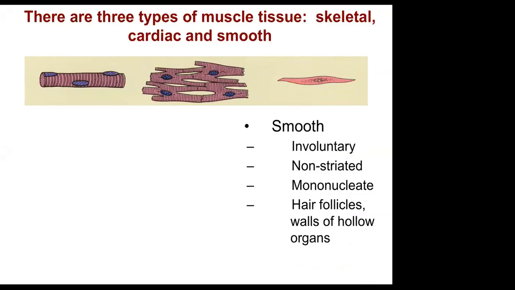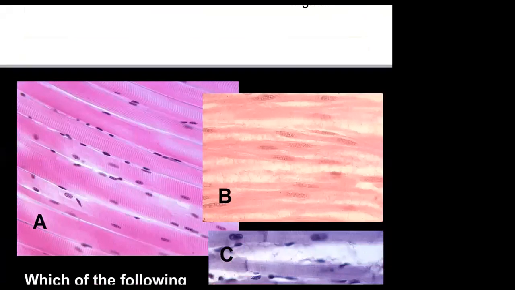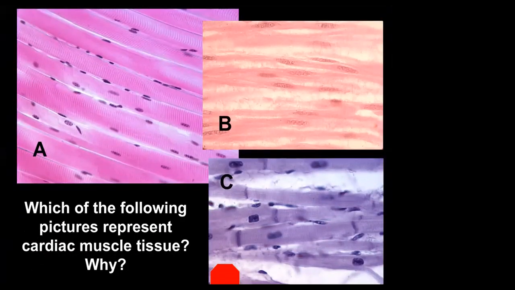So now we've seen some cartoon representation of these muscles. I'll give you a chance here to look at 3 microscopic images. And I'll give you a few minutes to look at these. And for each one, try to identify the different characteristics you're noticing that can help you identify which is skeletal, which is cardiac, and which is smooth.